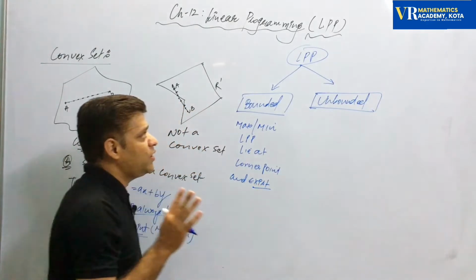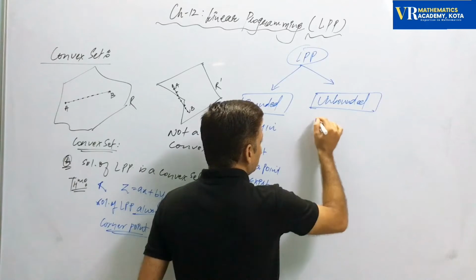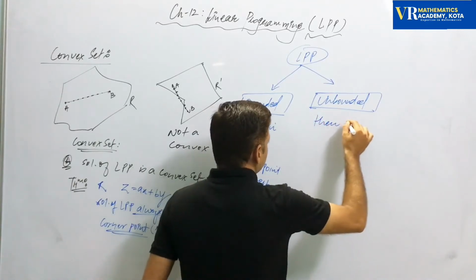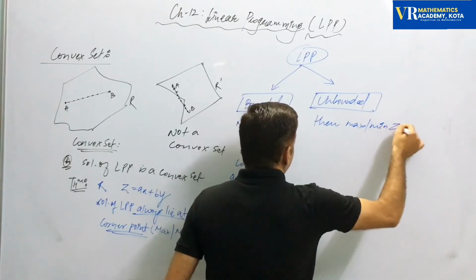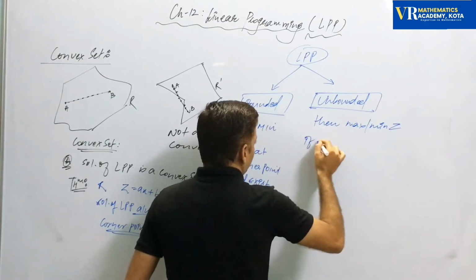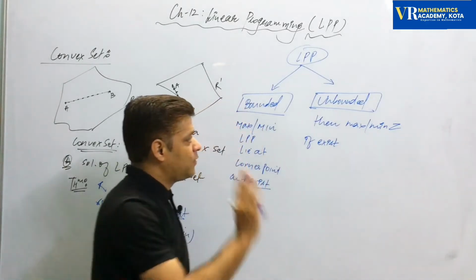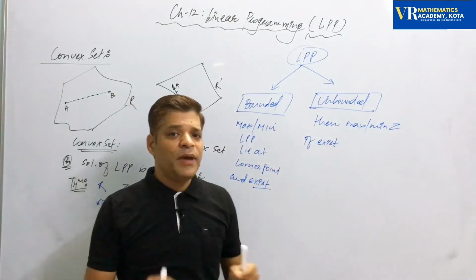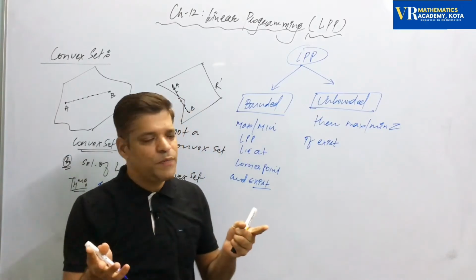But in an unbounded LPP, the maximum or minimum Z may or may not exist.